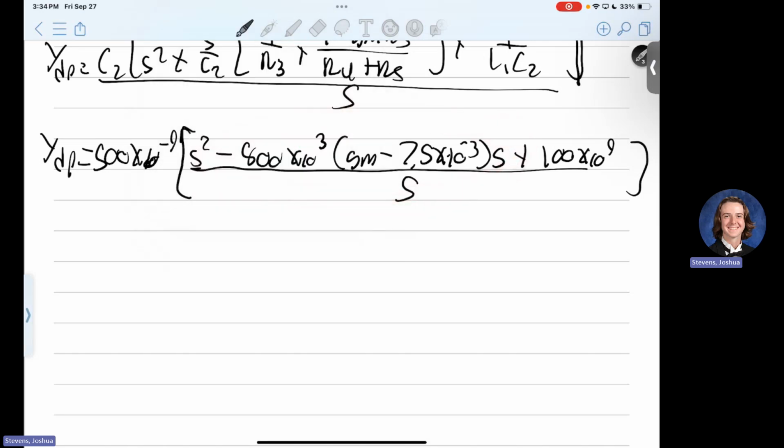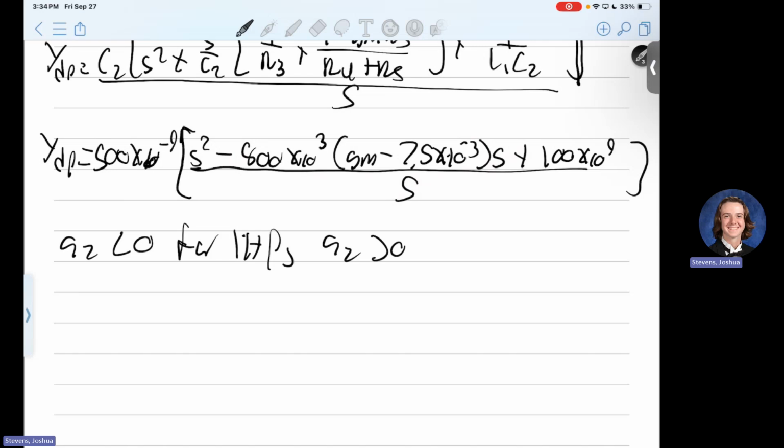That value, A2, in terms of our S squared plus, that's horrible writing, but you get what I'm saying. A2 has to be less than 0 for left half plane, and A2 has to be greater than 0 on right half plane.